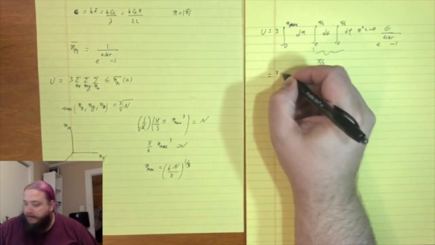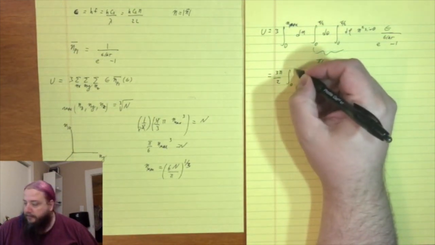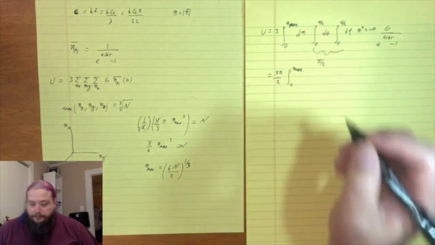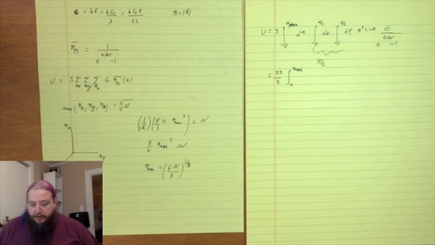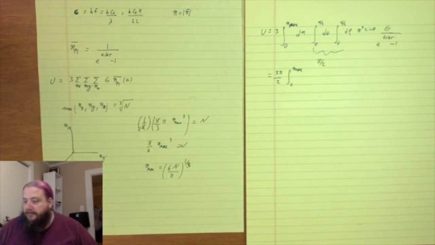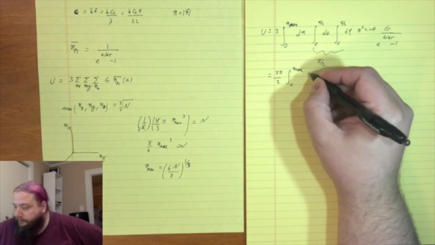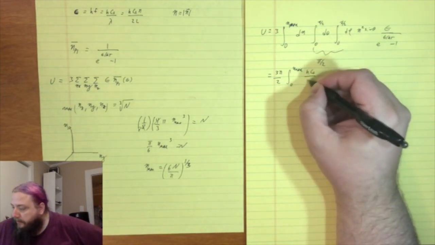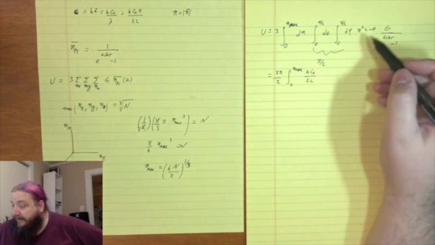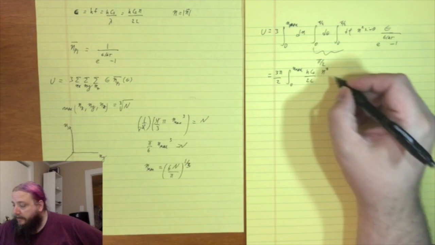Our energy is 3 pi over 2 times the integral from 0 to n max of, go ahead and put in our mode energy, h times the sound speed over 2L, times n, which gets added to the n squared to give us an n cubed.